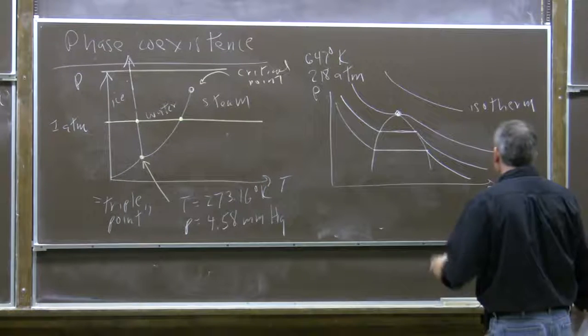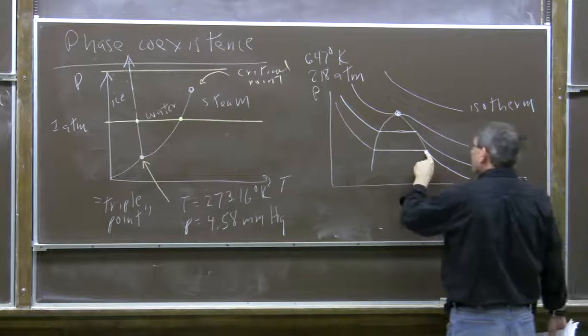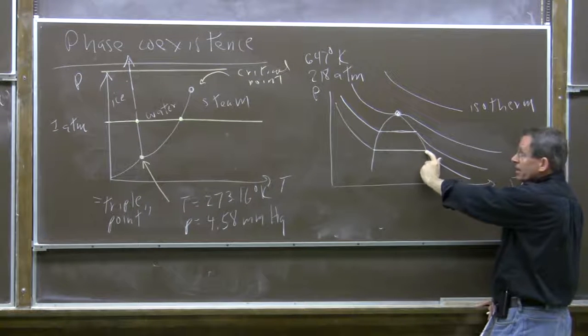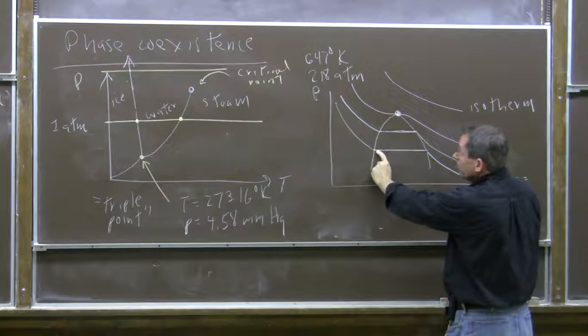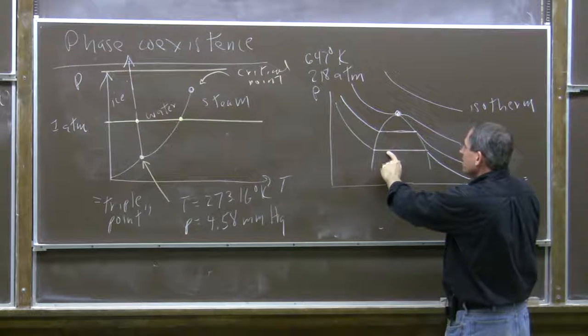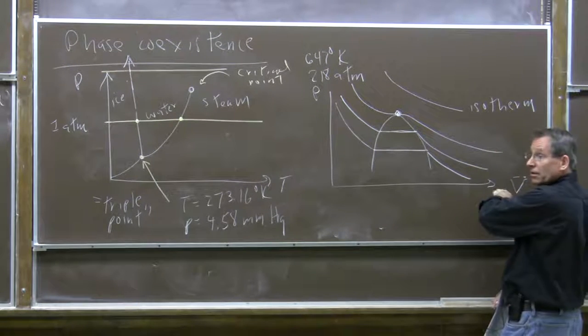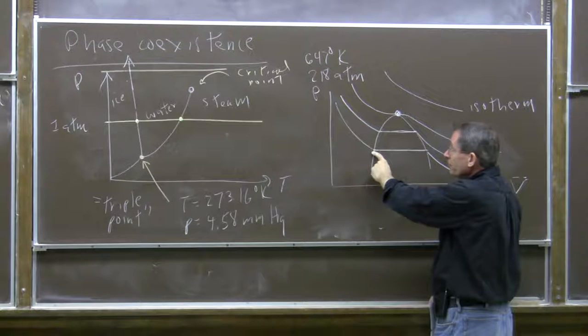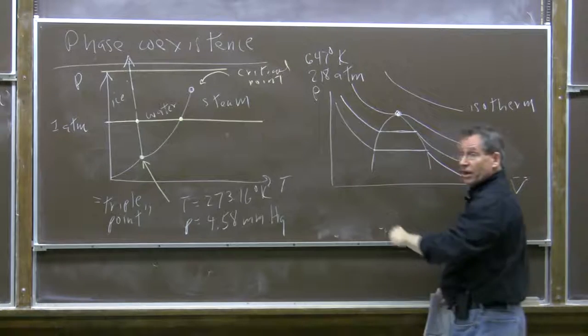As we decrease the volume, eventually we get to the point where the pressure locks in, and as we continue to decrease the volume, the pressure stays fixed until we finally converted all of the gas to liquid, and then as we decrease the volume further, the pressure shoots up.